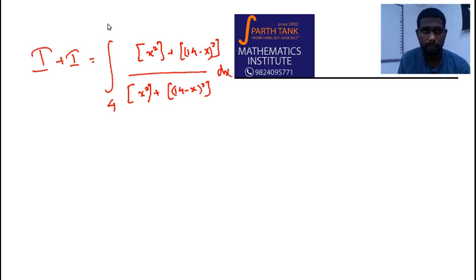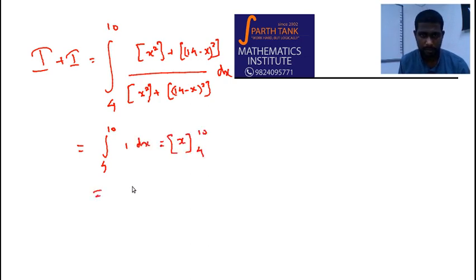Now this is nothing but integral 4 to 10 of 1 dx, which is x from 4 to 10. This is 10 minus 4, so I rather is 6 by 2, which is 3.